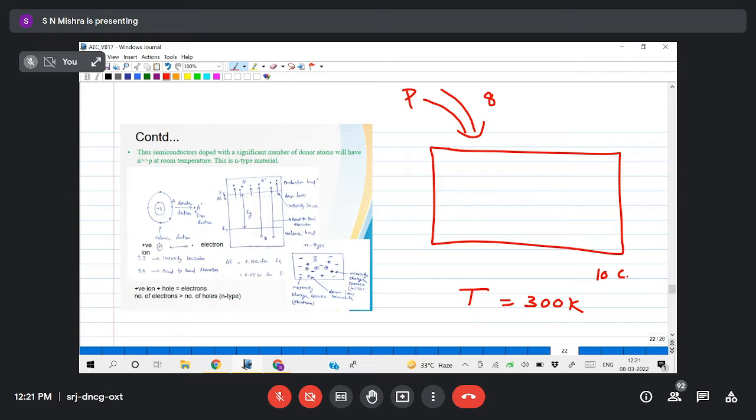10 covalent bonds break, and 8 phosphorus I have added.